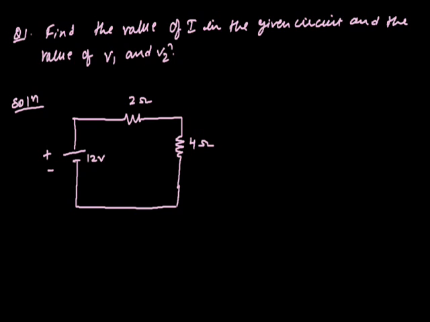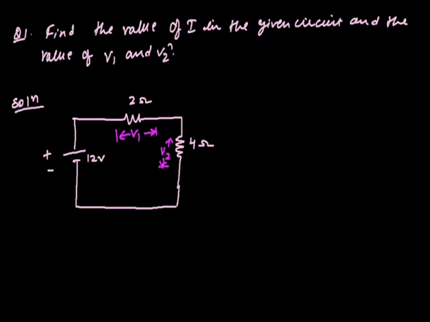So we have to find the value of I, V1 and V2, where V1 is the voltage drop across the 2 ohm resistor and V2 is the voltage drop across the 4 ohm resistor.